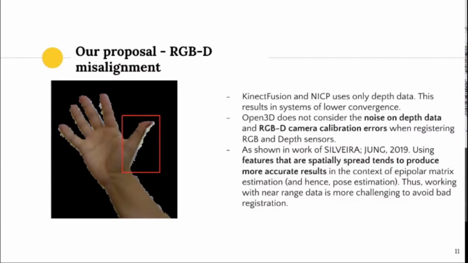As shown in the work of Silveira and Jung, using features that are spatially spread tend to produce more accurate results in the context of a pose matrix estimation. So working with near-range data is more challenging to avoid bad registration.